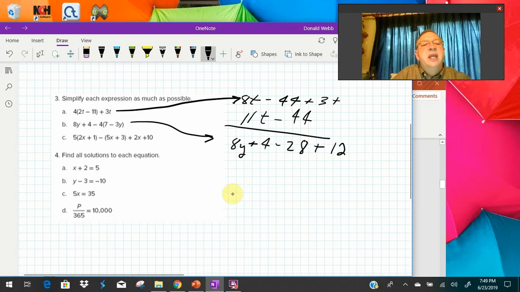Negative times the negative is a plus 12y. Now we can add these things up. The 8 and the 12, that's going to be 20y. And plus 4 minus 28, opposites of signs. I'm going to take the smaller subtracted from the larger, so that's 24, and I keep the sign of whatever the larger is, so that's going to be minus 24.